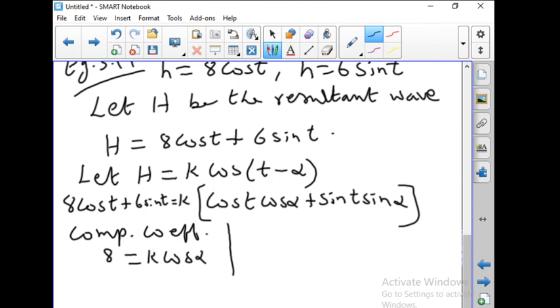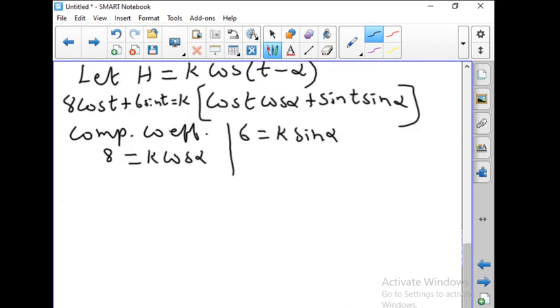Similarly, what about for sin t? Sin t in the left is 6 and in the right is k sin alpha. Okay, so this is the coefficient of cos t and that is the coefficient of sin t. Now, this you take as 1 and this as 2. Squaring and adding.